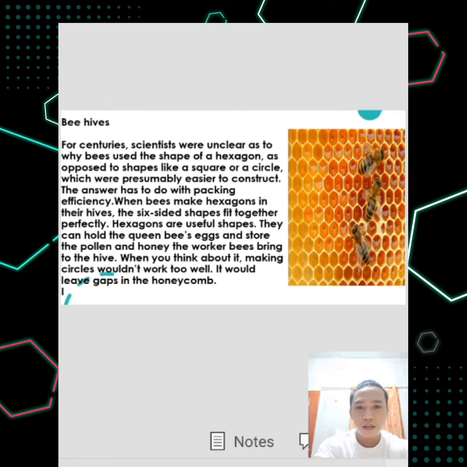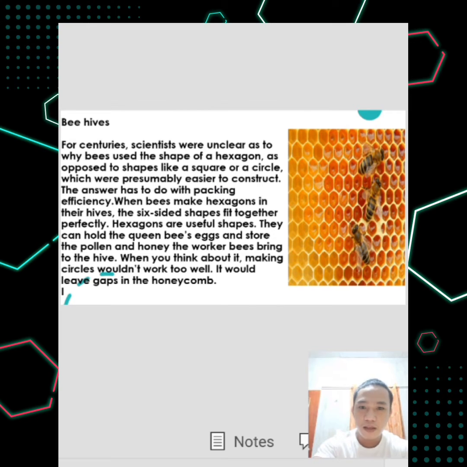Beehives. For centuries, scientists were unclear as to why bees use the shape of a hexagon, as opposed to shapes like a square or a circle, which were presumably easier to construct. The answer has to do with packing efficiency. When bees make hexagons in their hives, their 6-sided shapes fit together perfectly.